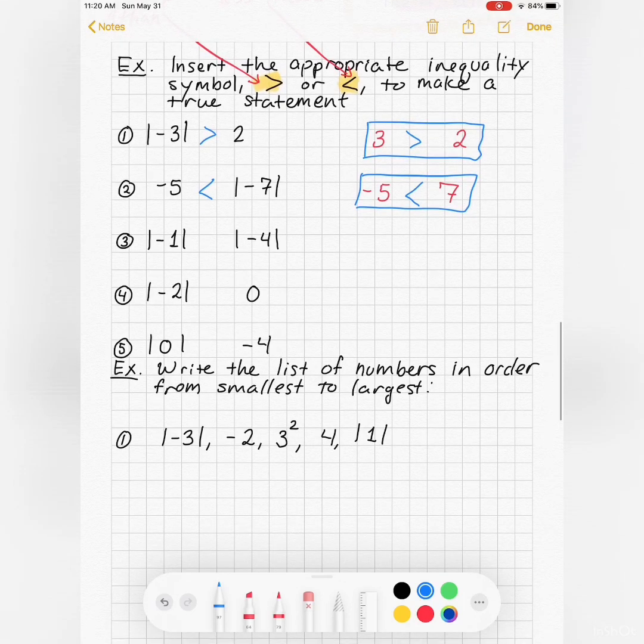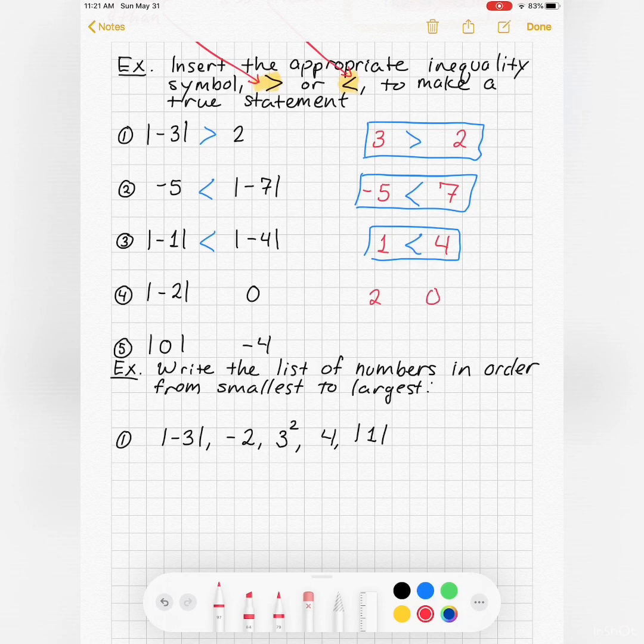Here I have two absolute values. They're both negative numbers. The absolute value of -1 is 1. Absolute value of -4 is 4. 1 is less than 4. Okay. The absolute value of -2. The absolute value of a negative is just a positive.